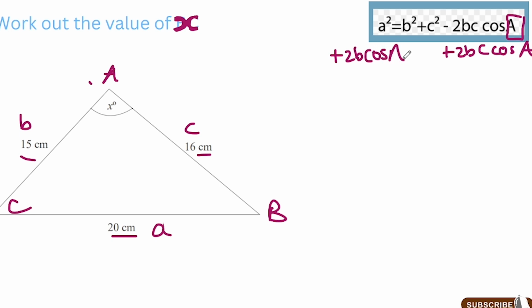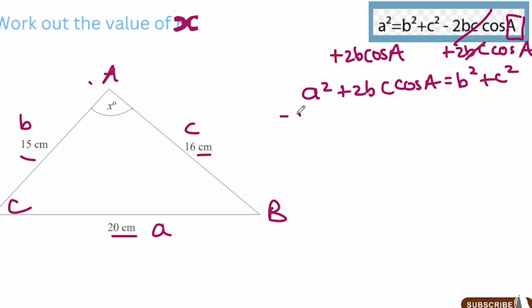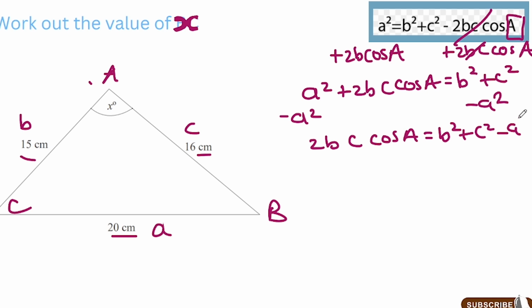So if I get rid of that, you get a squared plus 2bc cos A equals b squared plus c squared. After I do that, I'm going to subtract a squared from both sides, and I'm left with 2bc cos A equals b squared plus c squared, take away a squared.